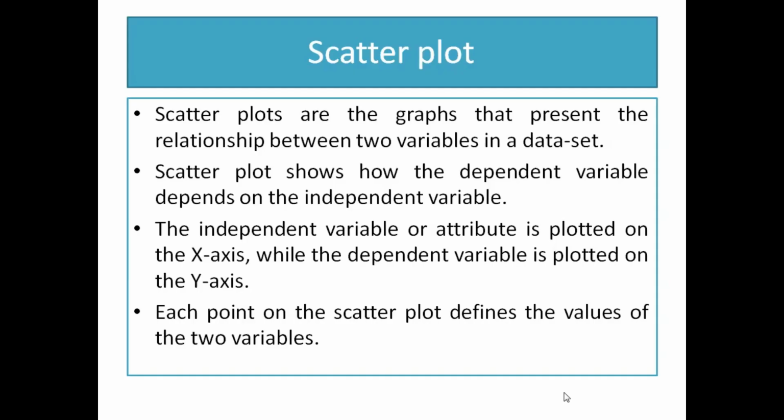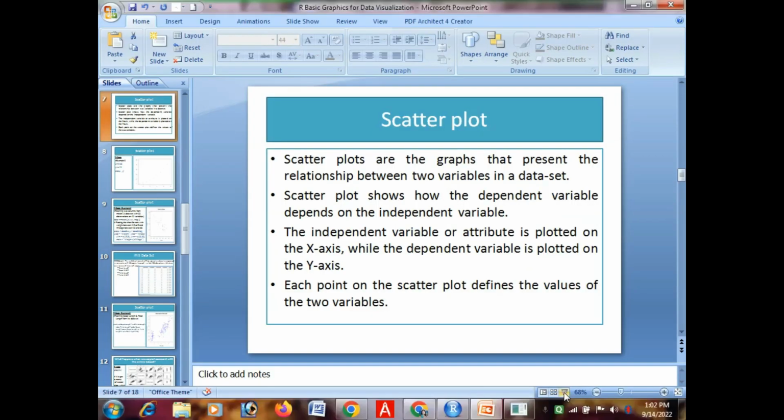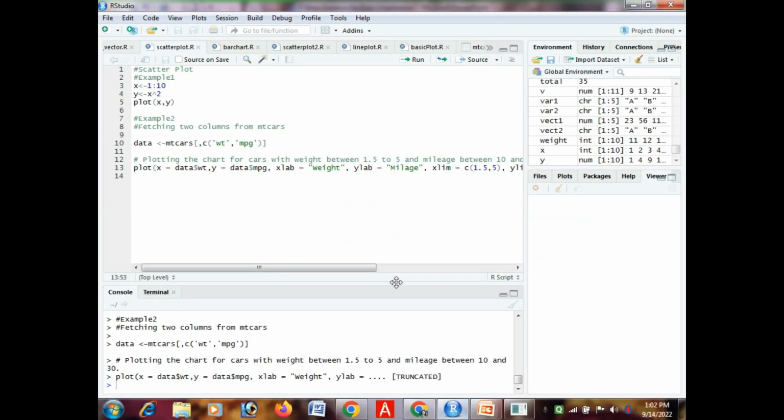One is the dependent variable, another is the independent variable. So in our program, if I take the first example, here in the first lines I have taken x as 1 to 10 and y as x squared. So y is the dependent variable and x is the independent variable.